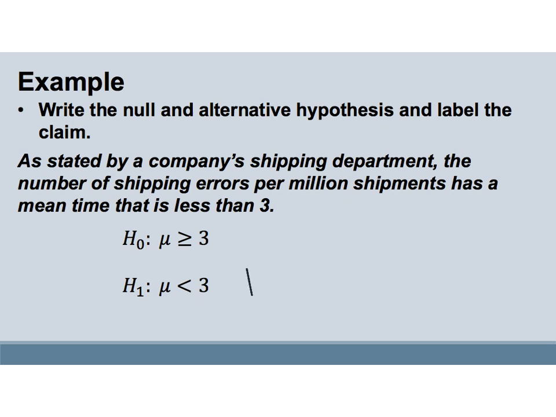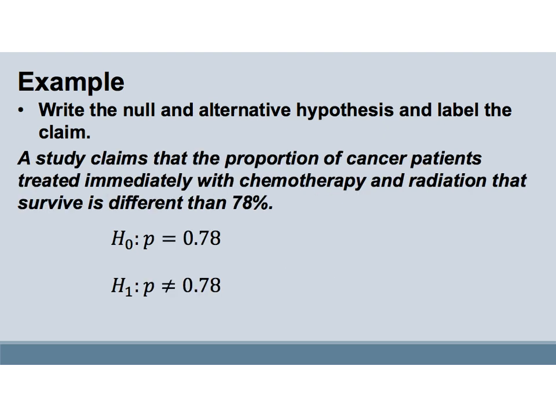You should have put left-tailed because it's less than. And then the last one that we did before was not equal to. That makes it two-tailed. So to determine left-tailed, right-tailed, or two-tailed, just look at the alternative. They'll also sometimes in MyStatLab do it the other way. It'll tell you it's two-tailed, and then you know from that that your alternative would have been not equal to.